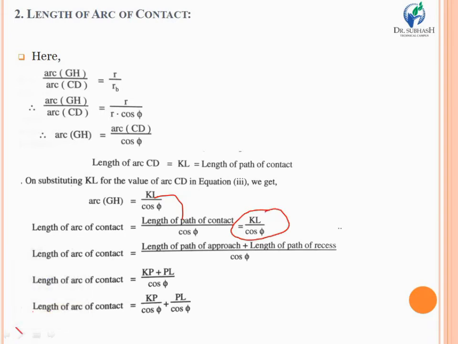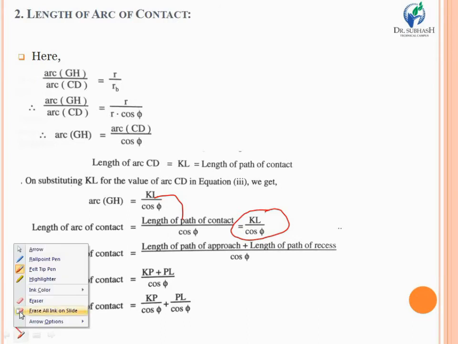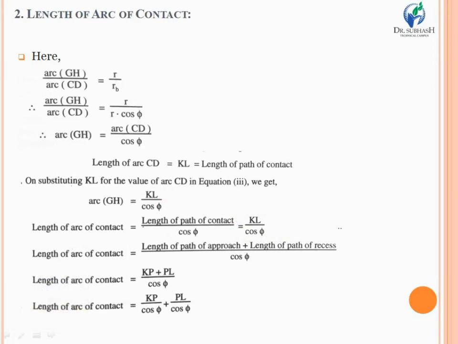Similarly, the length of arc of contact can also be divided, as KL has two divisions: one is the length of path of approach, another is the path of recess. So the entire equation becomes: length of arc of contact is equal to length of path of approach plus length of path of recess, upon cos phi.